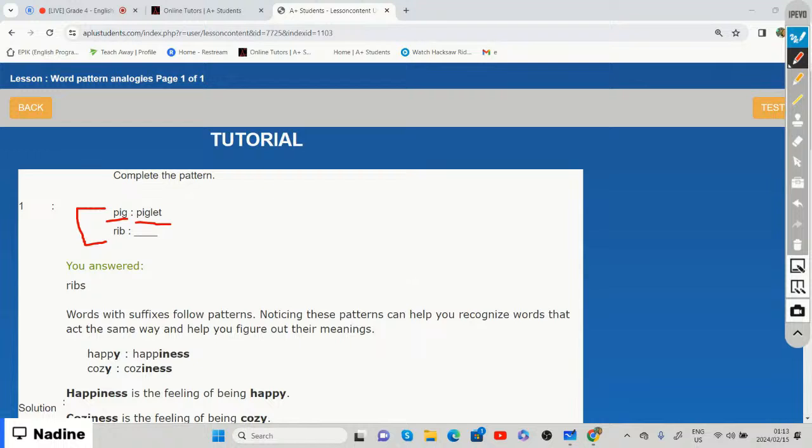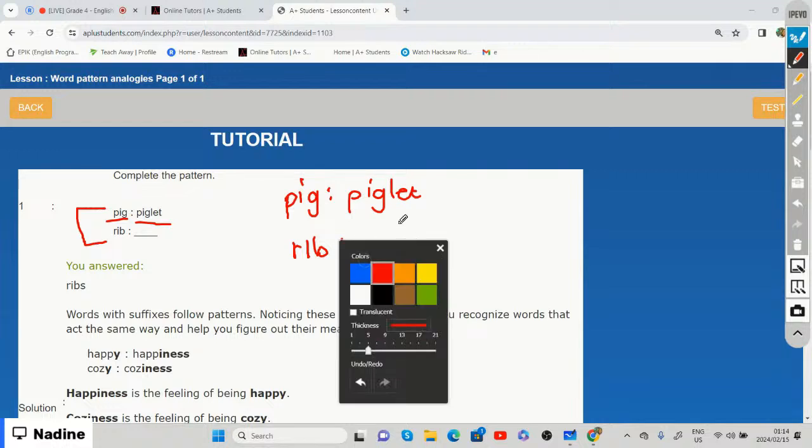So we have pig and piglet, and then we have rib.